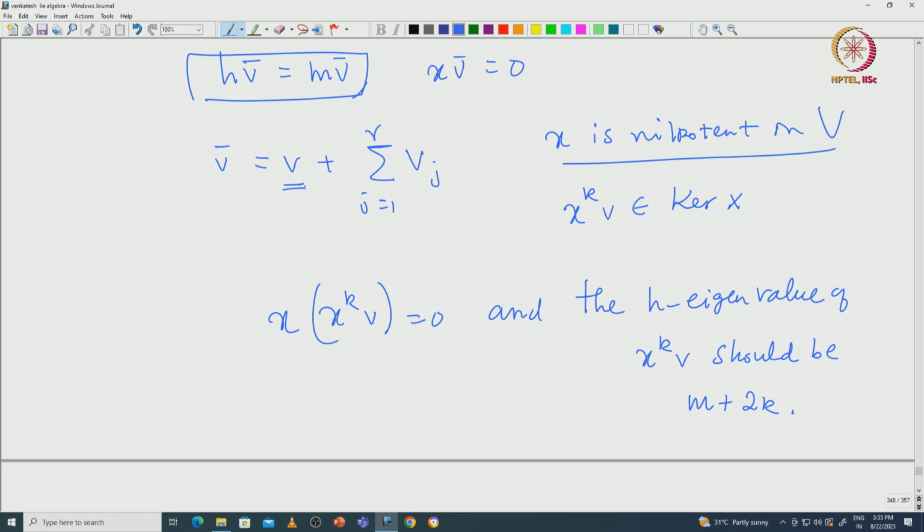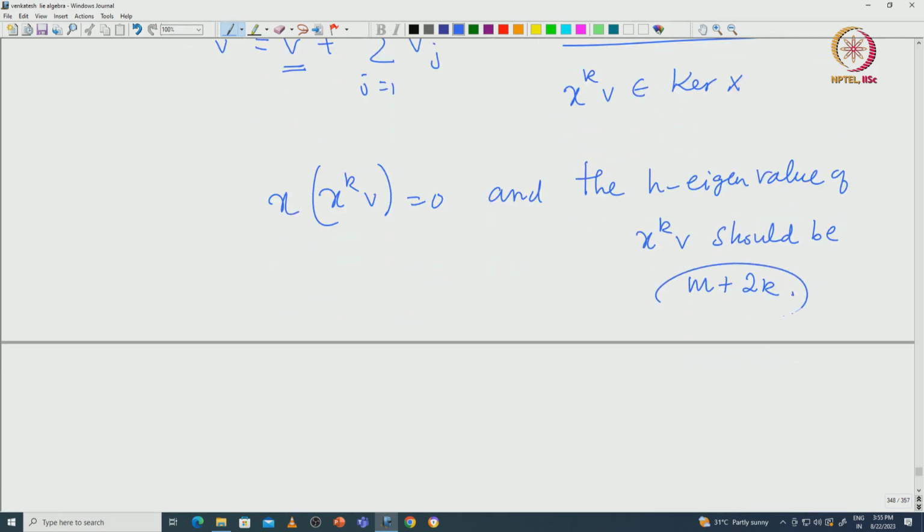So this V you can choose to be coming from that mth eigenspace. Okay. So that is why you have this m plus 2k eigenvalue.